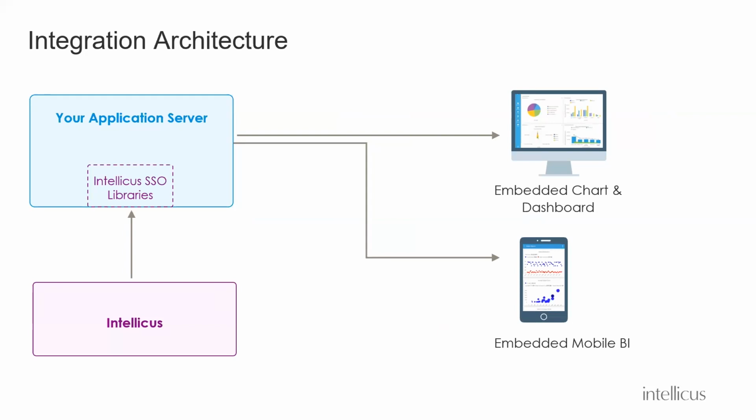Now, when a user wants to access Intellicus from web or mobile, then all that is needed is Intellicus SSO libraries to be placed in your application, which contains methods to authenticate and authorize your application users to access various Intellicus functionalities. Before moving on to the technical details of how integration is happening, I'll first like to show a demo for the same via a sample application.